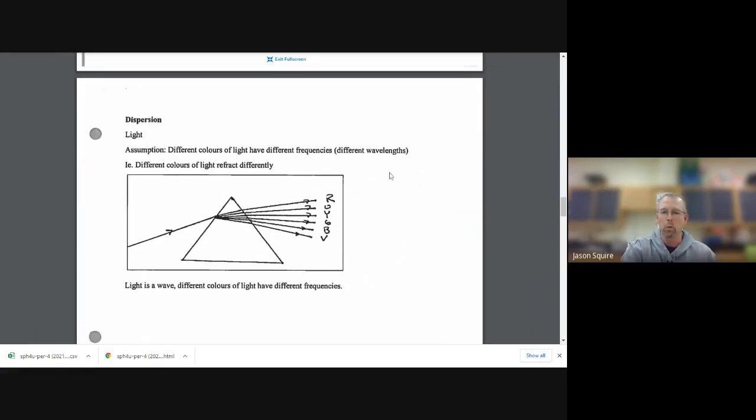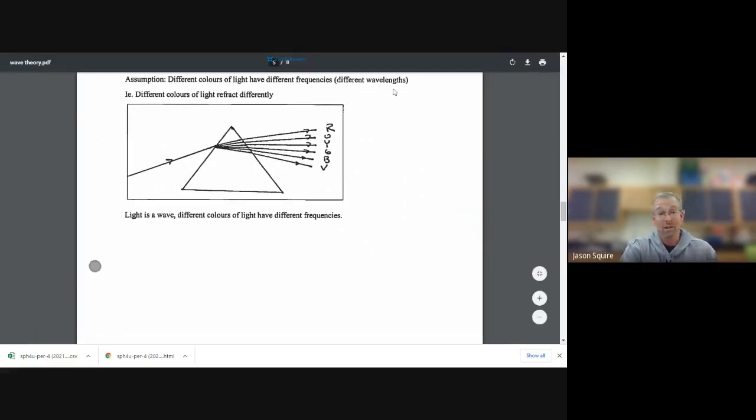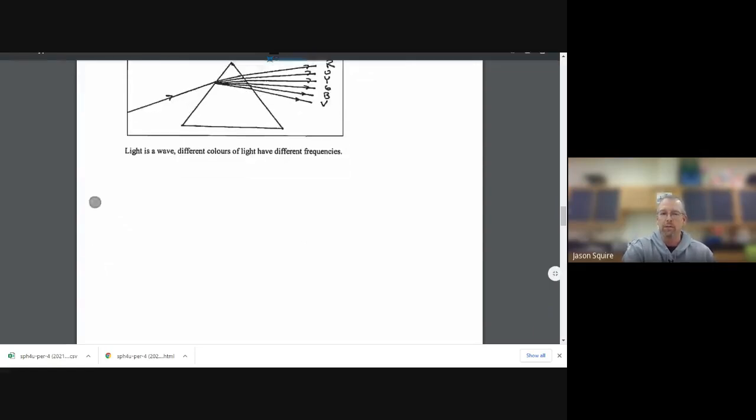And going right along with that, that means different frequencies. Now, the wavelengths of light are not something I have measured or the wave theory people measured yet. The frequencies of light, again, they don't have an answer for what those are, but we're making a prediction that relative to each other, these have different wavelengths, and that's why they bend differently.